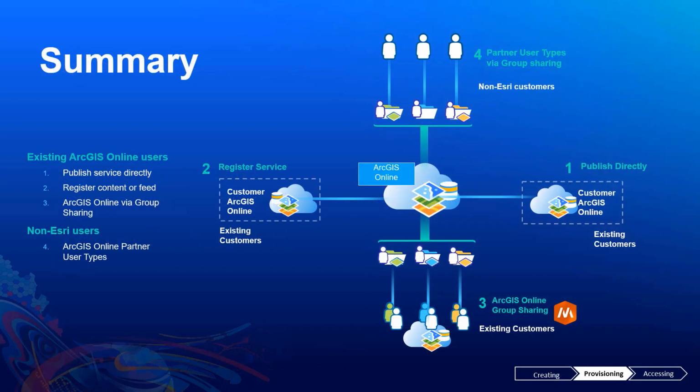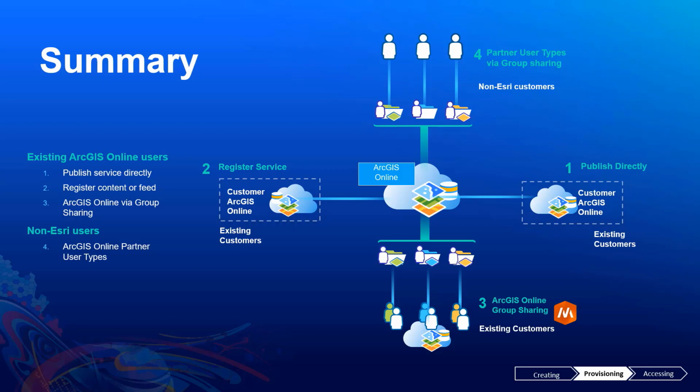And just to quickly recap and summarize those 4 patterns that we just talked about, for existing ArcGIS users, you can publish the service directly using that access token from a previously authenticated session to directly write your dataset into their organization. And here the user controls access, administration, and pays for the service.